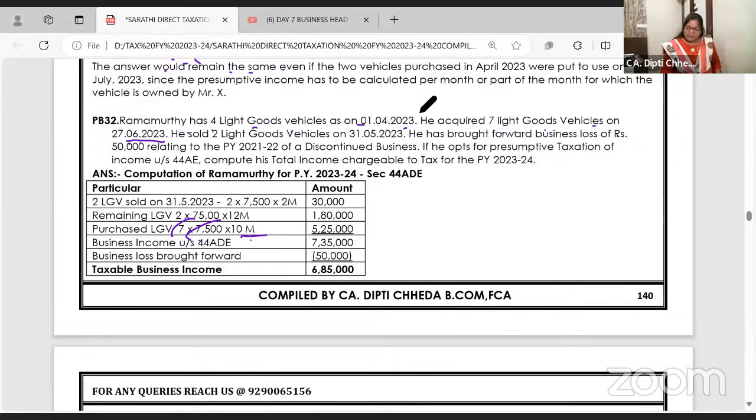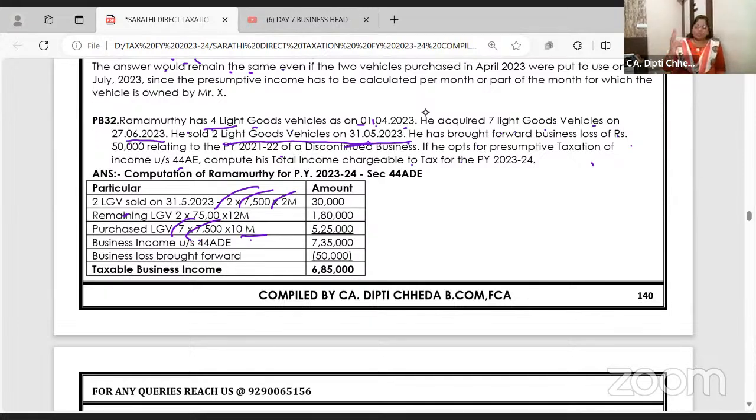He has brought forward business loss. ठीक है, वो बाद में देखेंगे. He opts for presumptive taxation. He sold 2 light goods vehicle on 31st May. Originally, opening में कितने थे? 4. So 2 vehicles, 7,500 per month for April and May. Why?